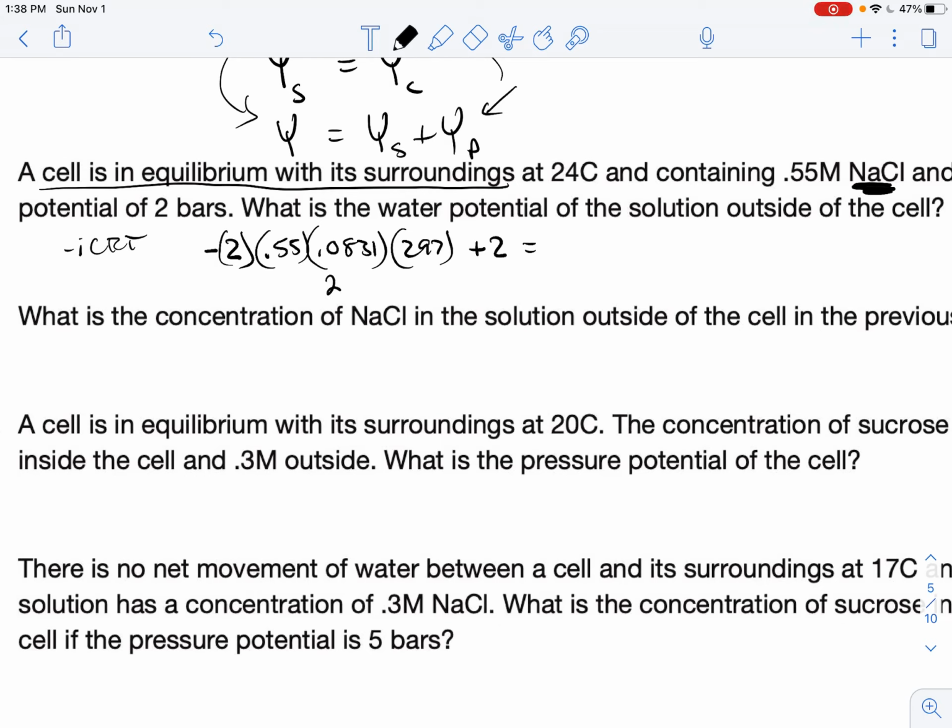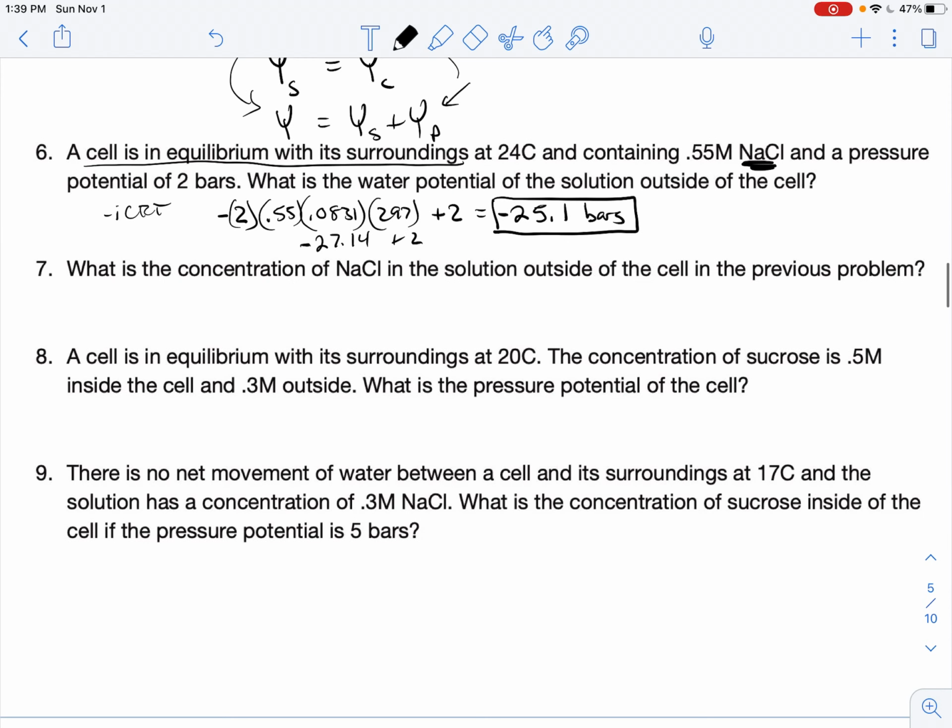I'm going to get 27.414 plus 2. So this is going to be 25.1 bars. And remember, negative, silly mistake that we often make. So that's going to be the water potential outside of the cell, negative 25.1 bars.